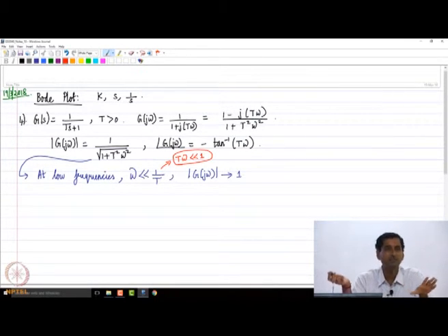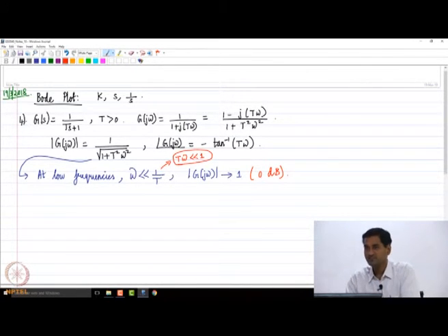Let us say T omega is 0.01. T squared omega squared is going to become 10 power minus 4. So, 1 plus 10 power minus 4, I can approximate as 1 itself. So, the magnitude is going to tend to 1, or equivalently, in decibel units, 0 decibels. Do you agree?